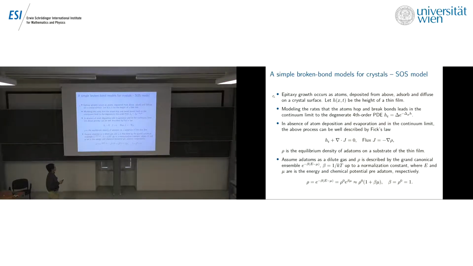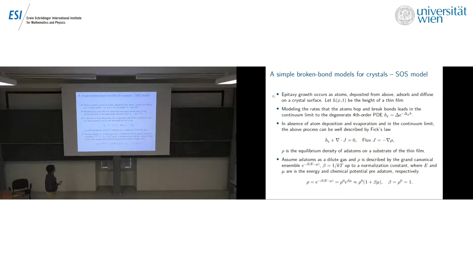In the case without deposition or evaporation, it is a conservative system, and we will see how this exponential PDE naturally arises. Later on we will see, in the case with deposition and evaporation, how the second-order equation comes up, like in Mullins's derivation. Okay, all right, so let's see.